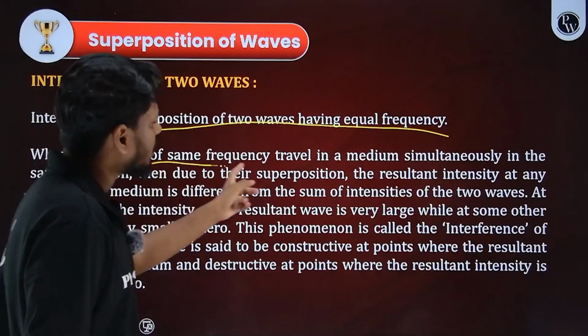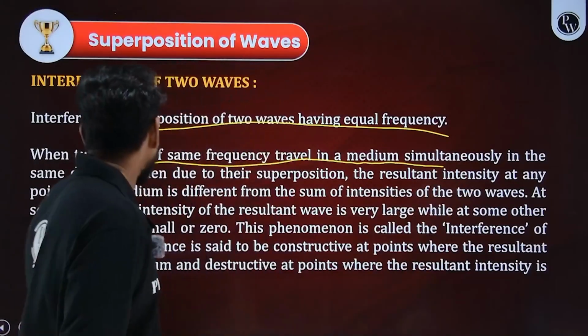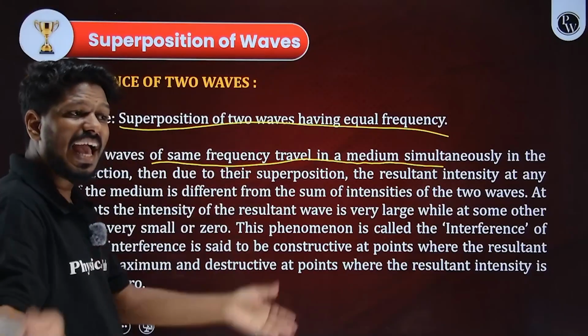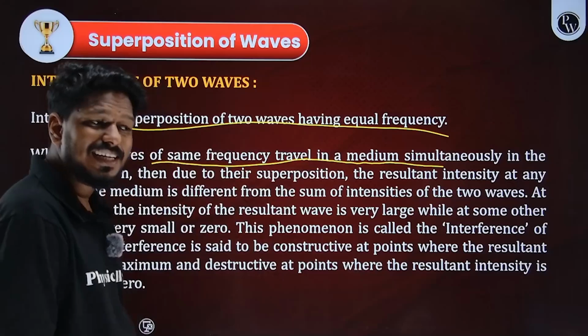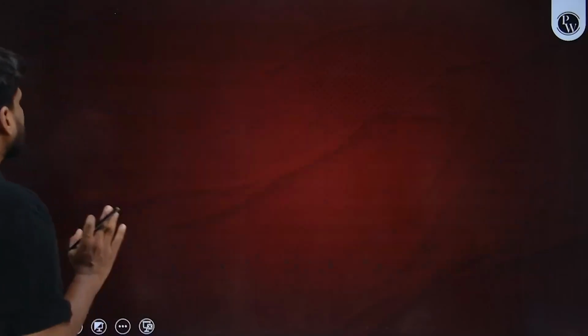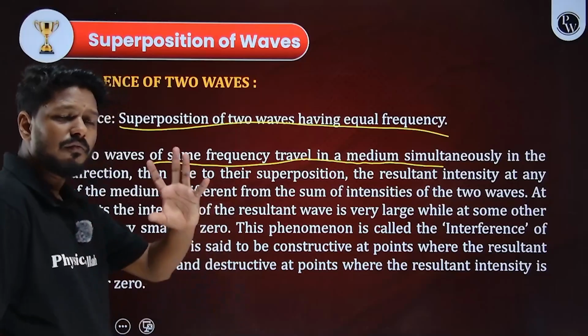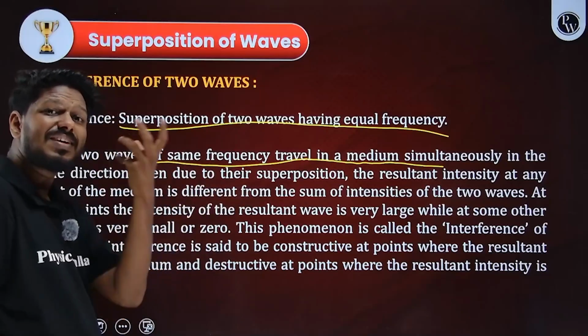When two waves of the same frequency travel in a medium simultaneously in the same direction, they are superimposing, they are adding. Then what will happen to the resultant amplitude and intensity? This is what we have found. And to your surprise, we are going to have constructive and destructive interference.